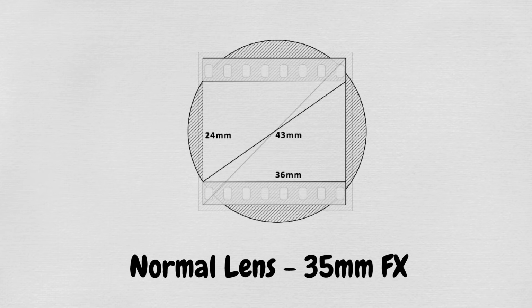So, a 43 mm lens will be the normal lens for an FX camera, for a full frame camera. Normally manufacturers make a 50 mm lens and call it a normal lens. Technically it is 43 mm which is a normal lens, but lens manufacturers make a 50 mm lens and call it a normal lens for a full frame 35 mm or an FX camera.